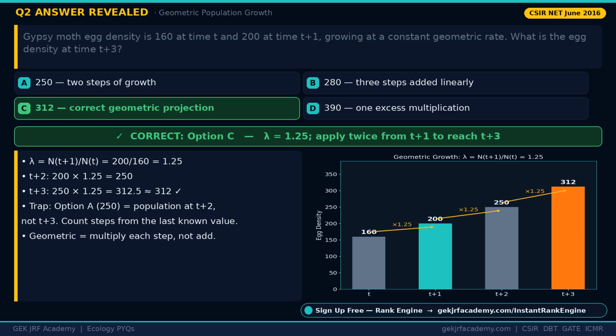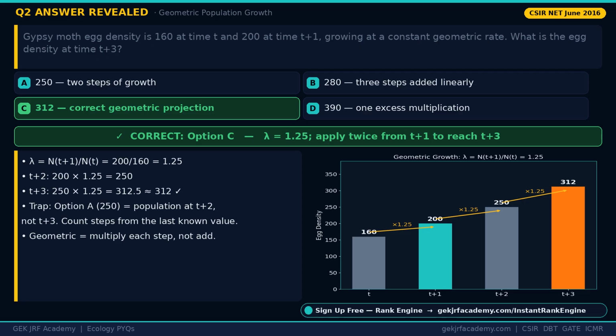The answer is option C, 312. Here is the method. When population grows geometrically, we use a constant multiplier called lambda. Lambda equals N at t plus 1 divided by N at t. That is 200 divided by 160, which equals 1.25.